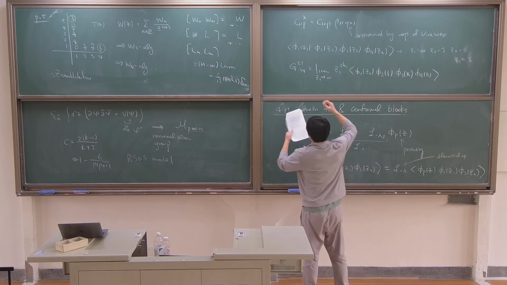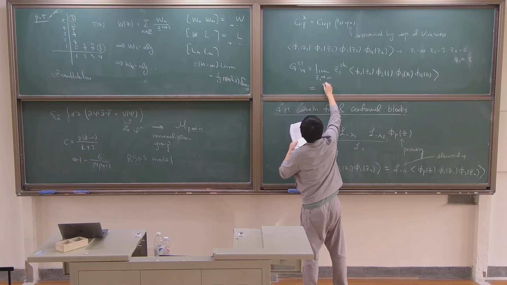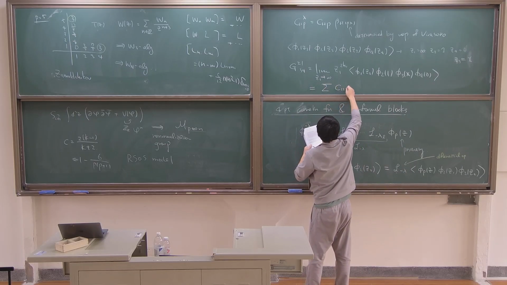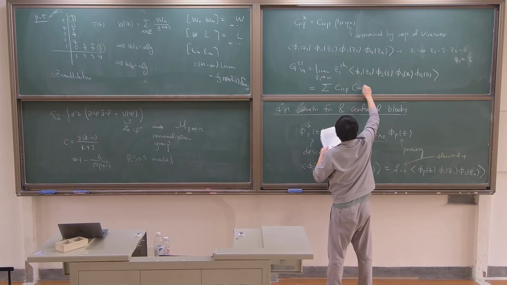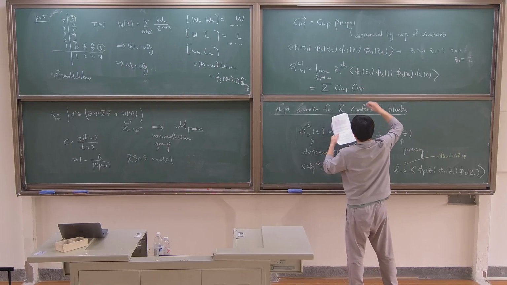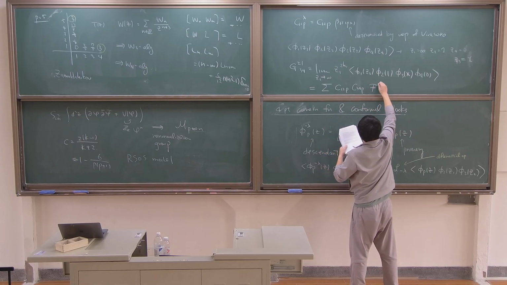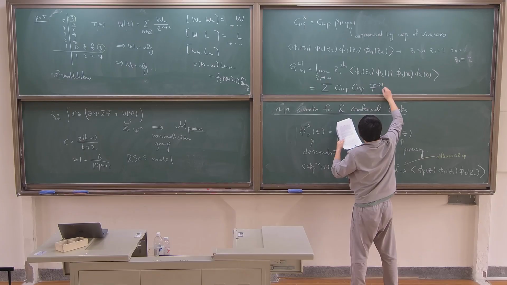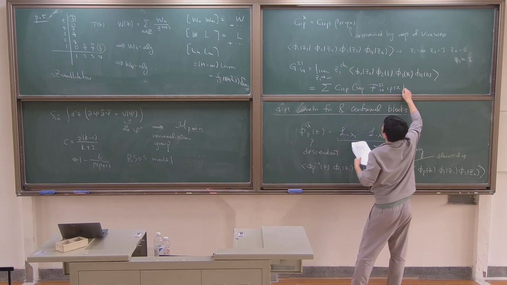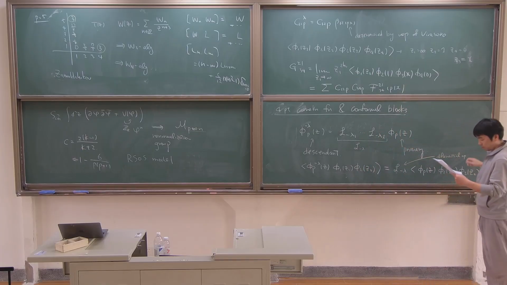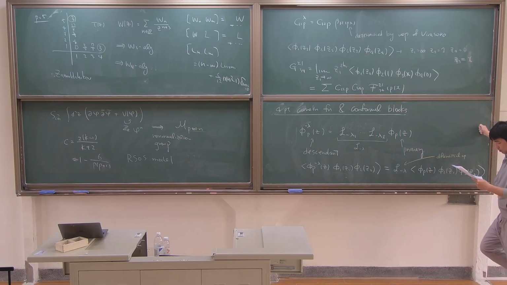Like this way, and this can be written as follows: sum of C1 to P and C3 for P, and then you have the so-called conformal block with H2, H1, H3, H4, P and X. So this is a rough form of the conformal block.